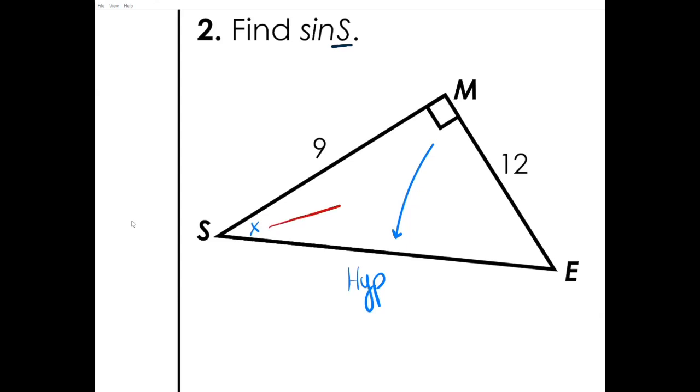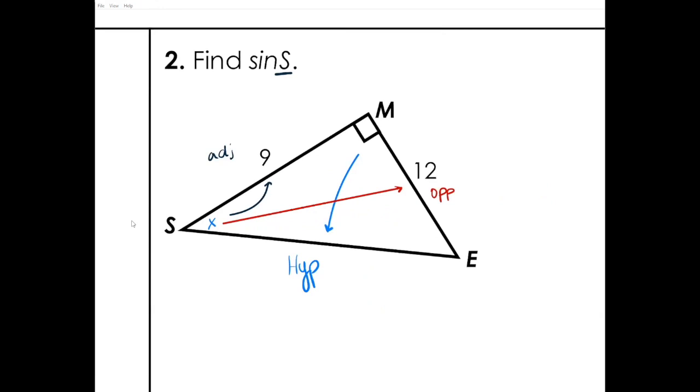Across from the angle given, S, is our opposite side. And then adjacent is the one that it's next to, the one that it's touching. Hypotenuse first, then opposite. If you go adjacent, because you know it's touching the hypotenuse for sure and touching the adjacent for sure, then I can just finish with the opposite because it's not touching it.